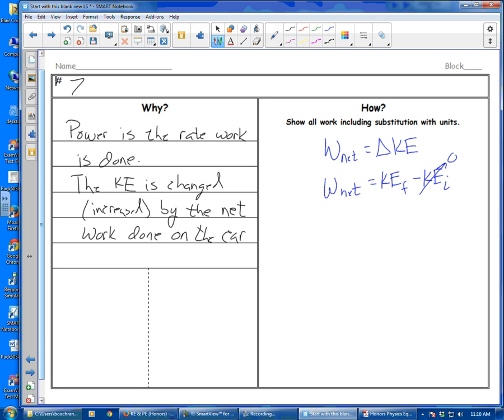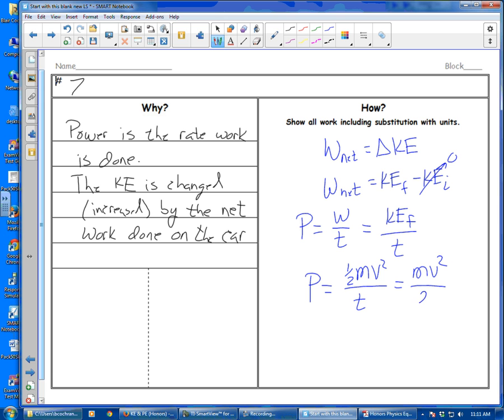And then we also know that the power on it is the rate that work is done, so work per time, which in this case is going to equal the net work, which is the KE final, per time. And so we boil that down to 1/2 inertia speed squared over time, or you can even write that better as mv squared over 2t.